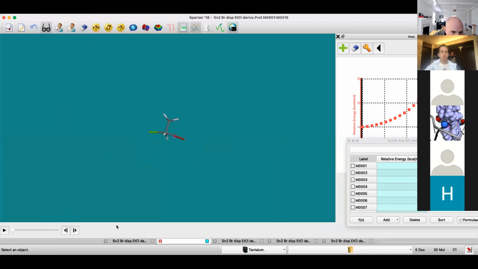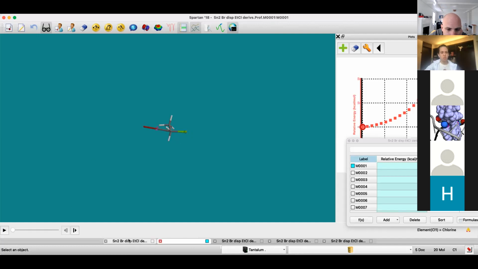So this is basically bromide coming in and attacking methyl chloride. So the green atom here is a chlorine atom. That's going to be our leaving group. And sorry, this is ethyl.